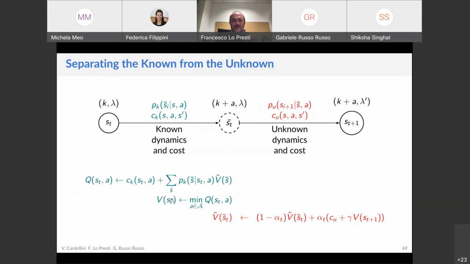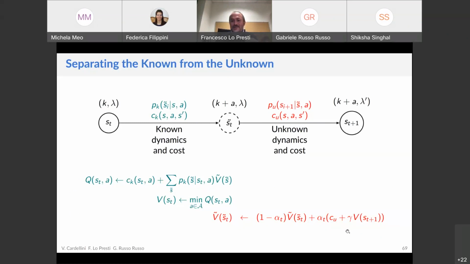This equation is exactly the value iteration type of equation, where I have the known probability and known cost to deal with, and the unknown part I deal with using something very similar to what I do in Q-learning.